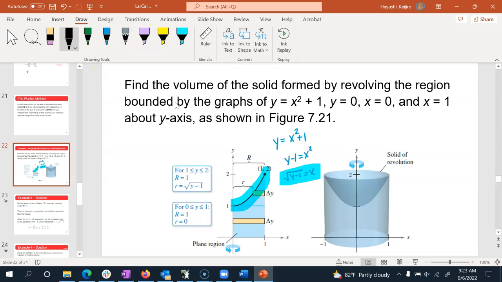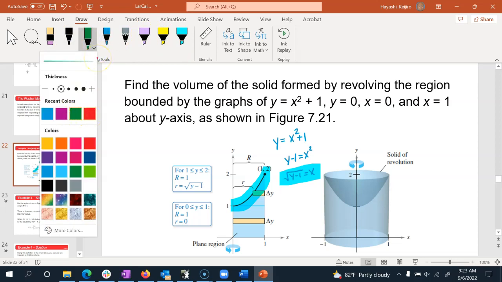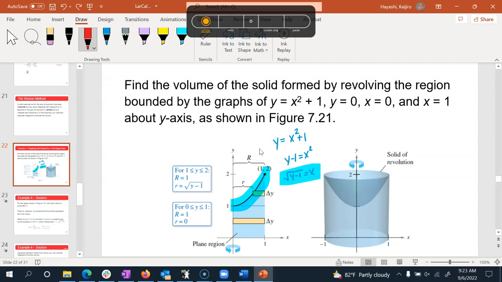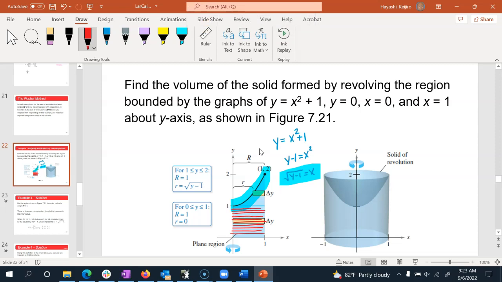Now, if you take a second and draw out the slices that you're going to be making, these horizontal dy slices, what it looks like from 0 to 1 is relatively straightforward. This forms a rectangle shape, and so when you spin it around that vertical axis of rotation, it's going to form a cylinder. The inner radius is just x equals 0, and the outer radius is just x equals 1.